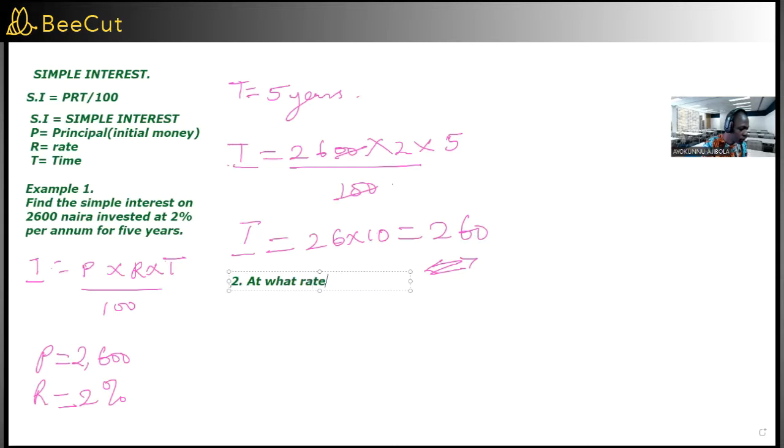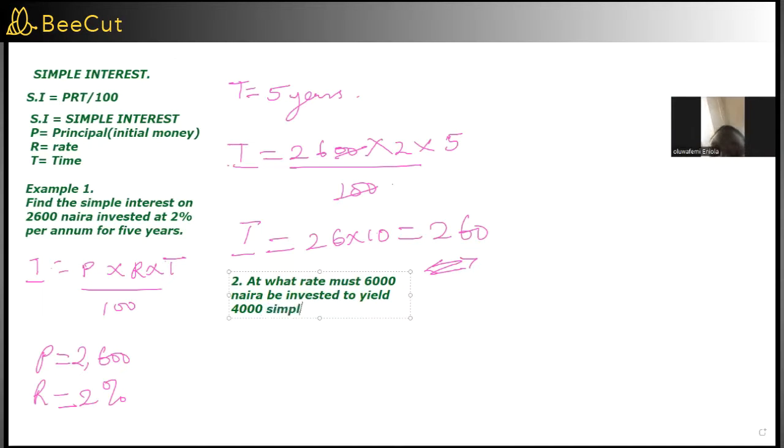At what rate must 6,000 naira be invested to yield 4,000 naira simple interest in 2 years?